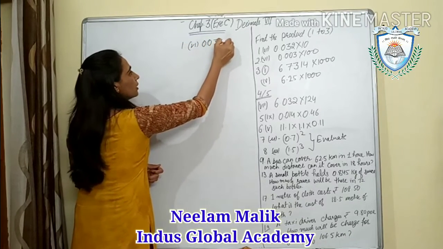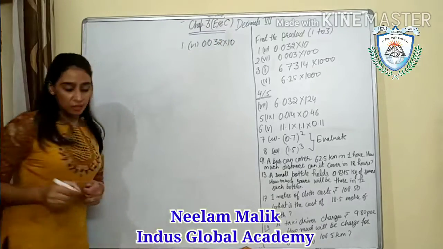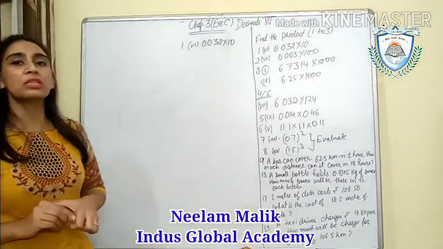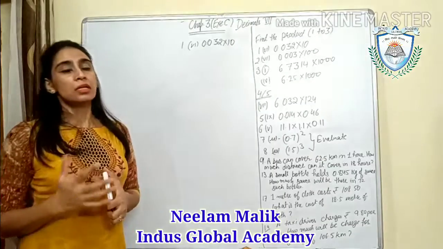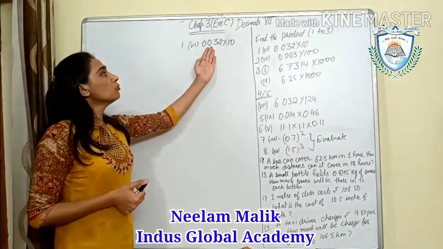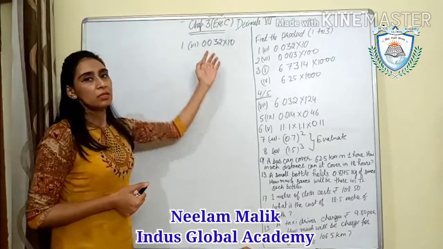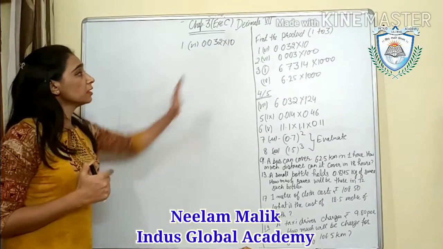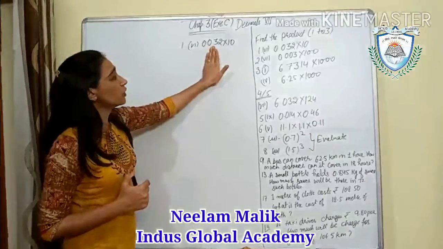Here is 0.032 multiplied by 10. As you know, when we do multiplication with 10, 100, 1000, you can say 10 lakh, we simply move the decimal point to the left or right. If we have to multiply, we move this point to the right.